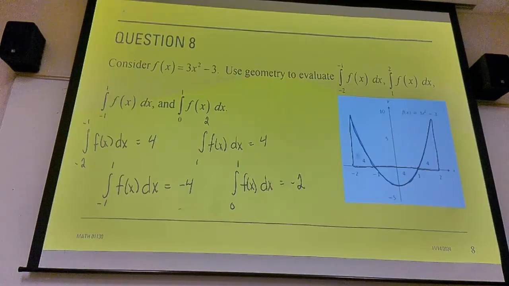That would be -2. They didn't ask this, but I'm going to ask it. What's that? It's 4.